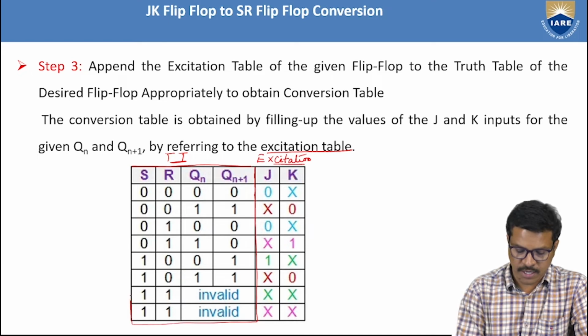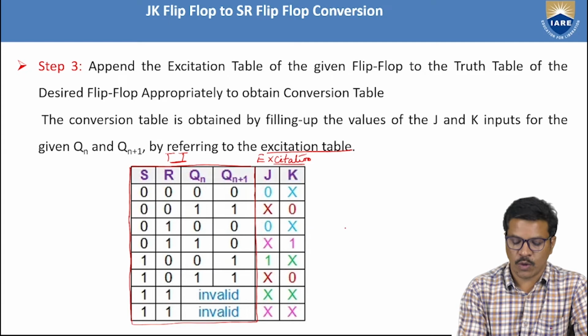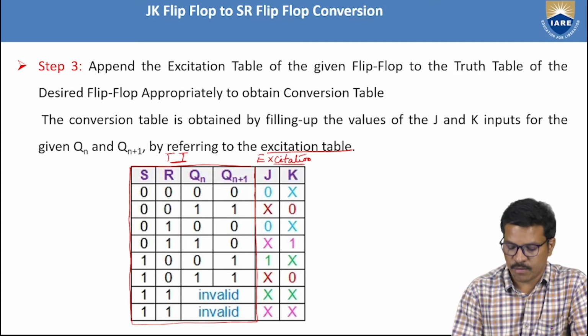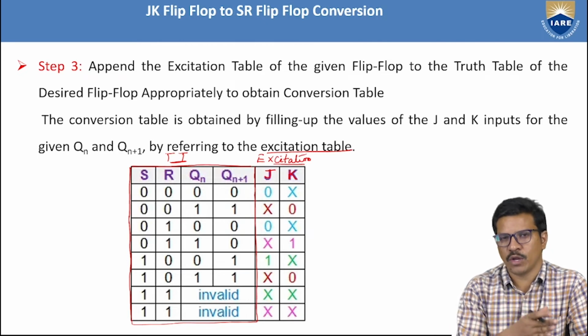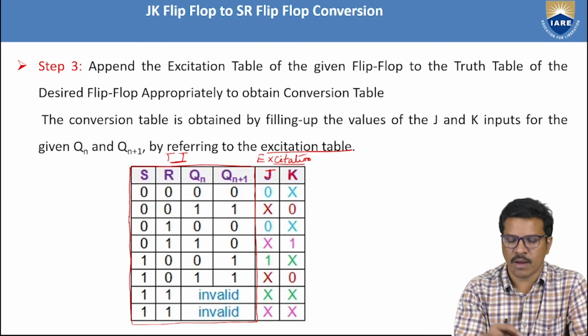Now fill the J and K inputs for the given Qn and Qn plus 1 by referring to the excitation table. So what will be the J and K? We know in the previous slide what combinations of J and K for the Qn and Qn plus 1. If Qn is 0, Qn plus 1 is 0, what would be the J and K? The same table applied here.